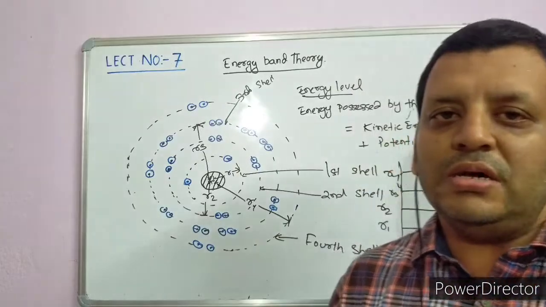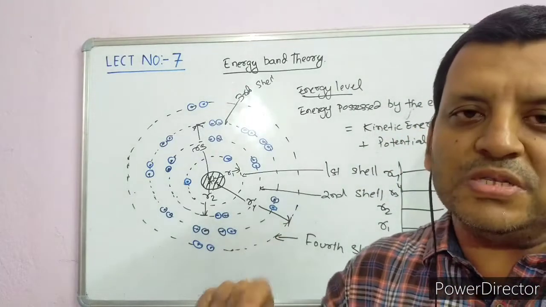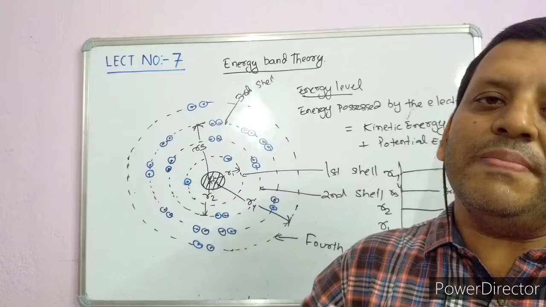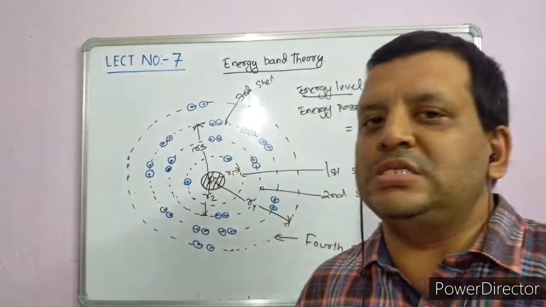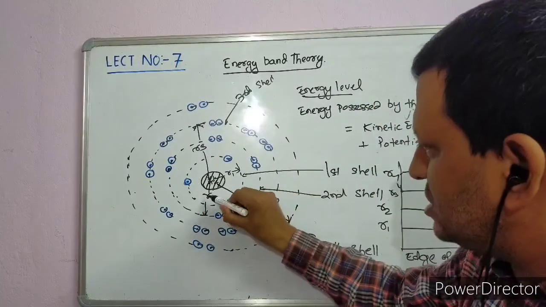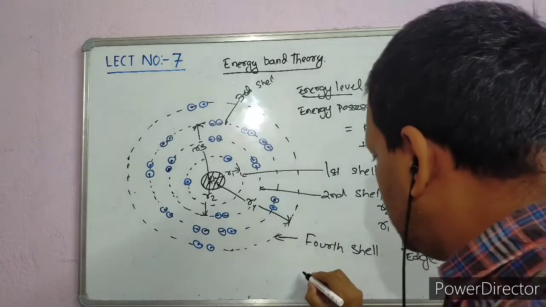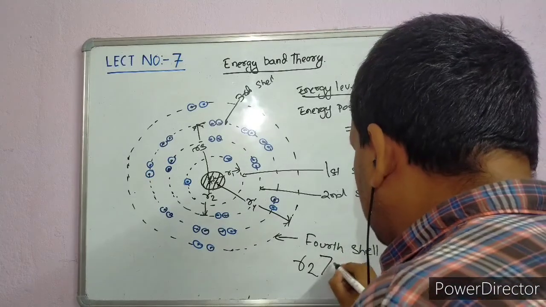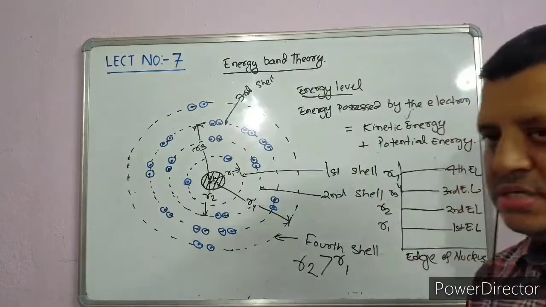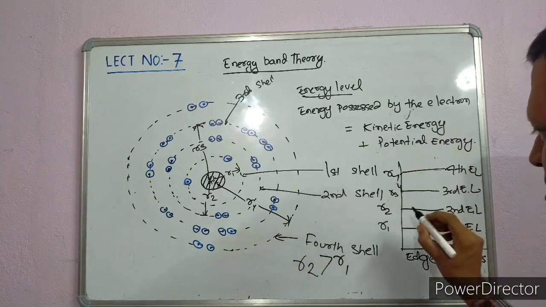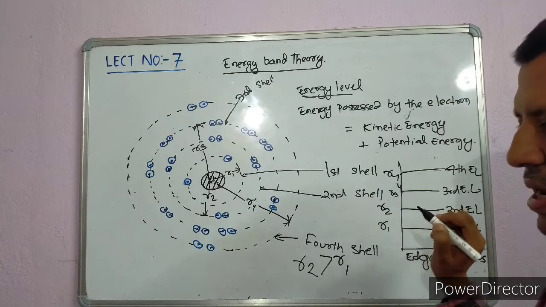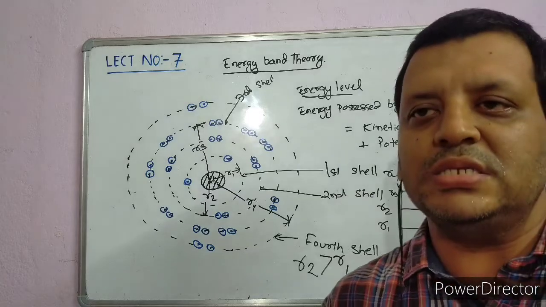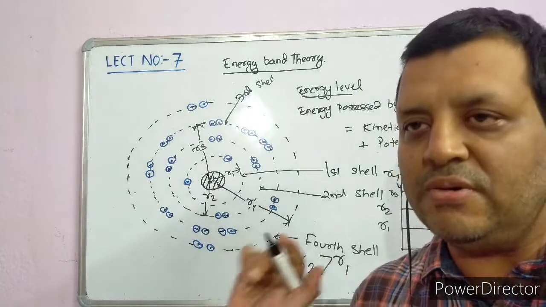That means the energy possessed by the electrons revolving in that cell also increases. Here r2 is greater than r1.